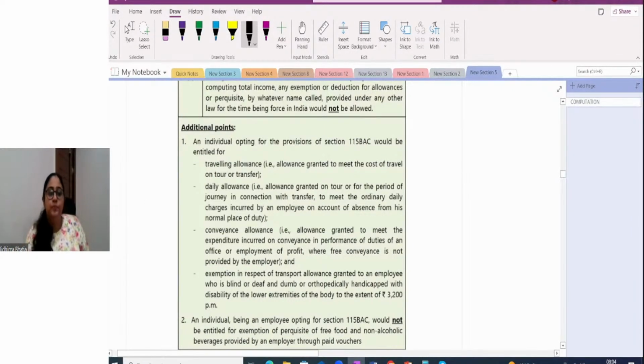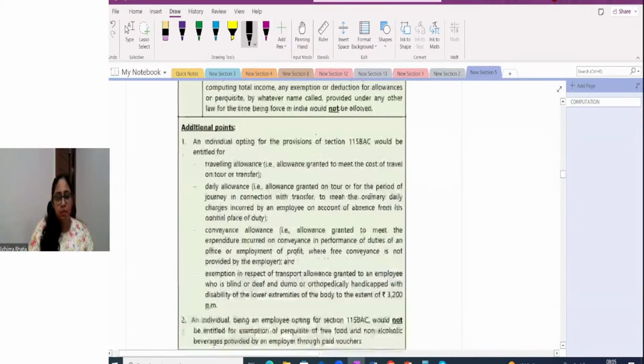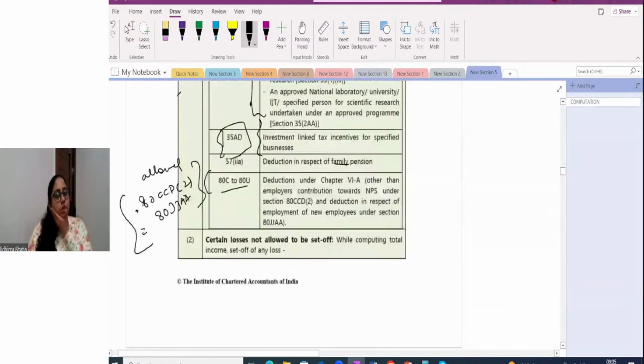Now back to the provisions. Here, as you can see, there are certain exemptions and deductions which are not allowed.